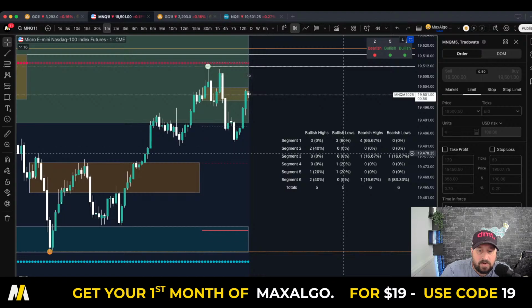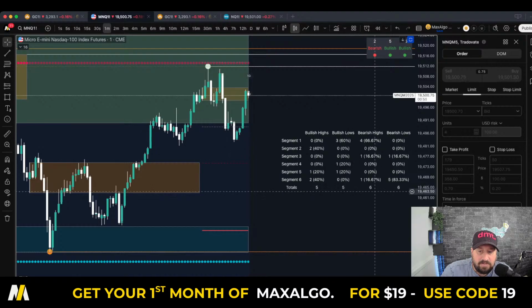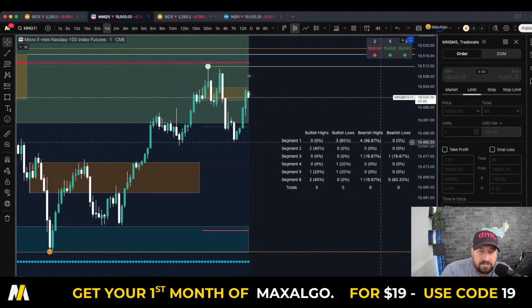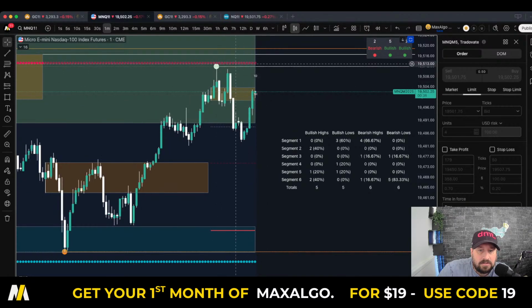So we can see that when we've been bullish, 60% of the time our low's been in the first 10 minutes, and when we've been bearish, the last 6 bearish candles, 66% of the time it's been in the first 10 minutes. And delivery for the bearish side's been really good, 83% in the last 10 minutes as well, where we've had our low. So if this is going to be a bearish candle, right?